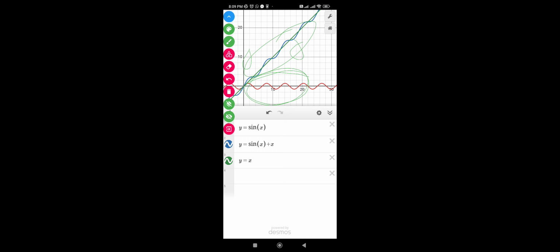So sine x was our f of x function, this was g of x, and this is y equal to x. So the intersection of these two will give our fixed point, and that fixed point would be the root of this f of x.